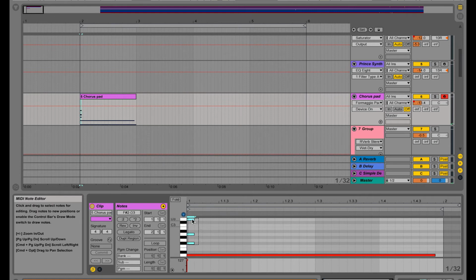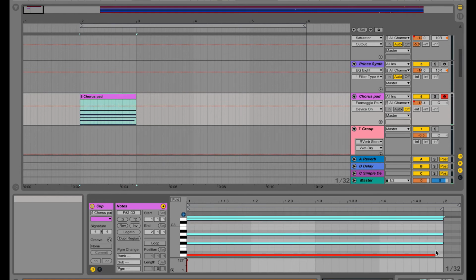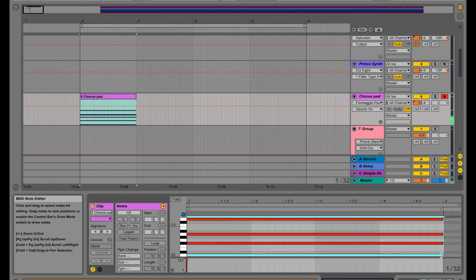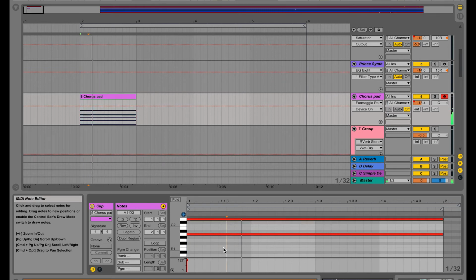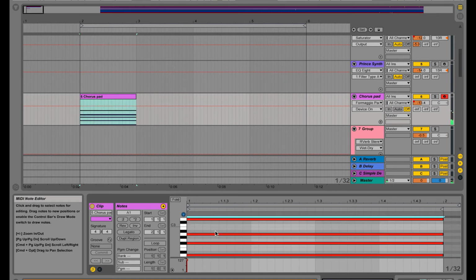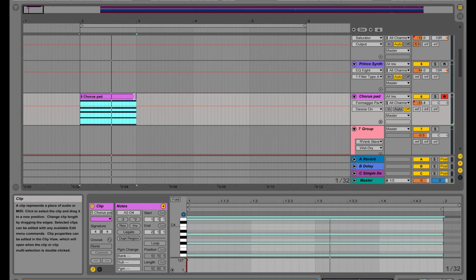Let's pitch that up a full octave. The amount of variation they put into their voicings is pretty huge, and it's in really sneaky kind of ways. You don't notice it.